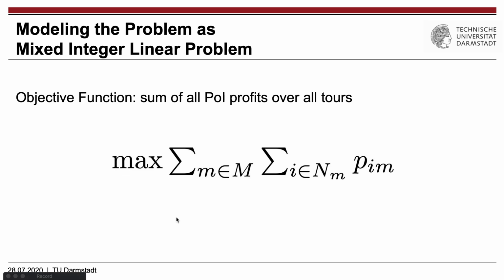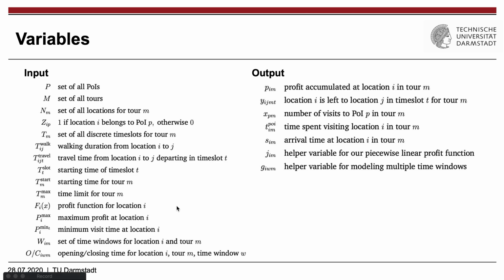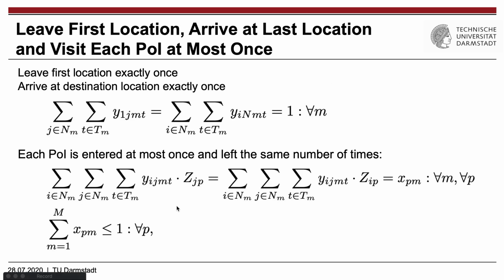So when modeling this as a mixed integer linear problem, we obviously have the objective function, which is the sum of all POIs over all tours visited. And we need to consider constraints. Unfortunately, we don't have time to discuss this in detail, but of course we need to make sure that the first location is left exactly once and the destination location is arrived at exactly once.